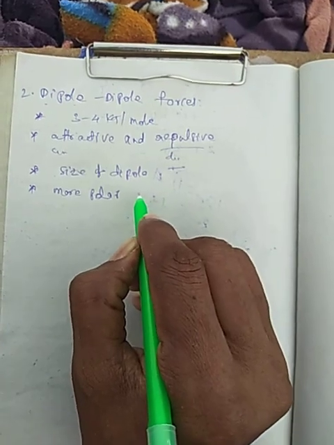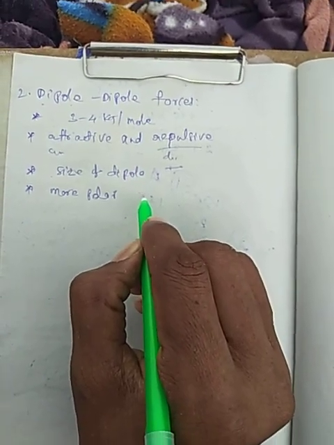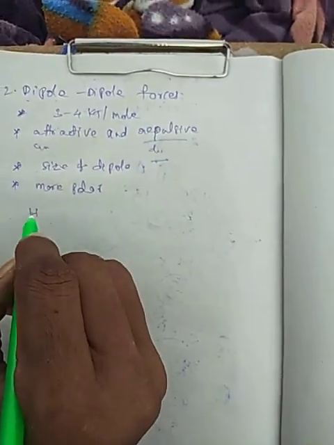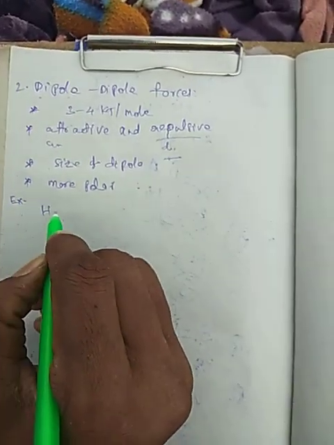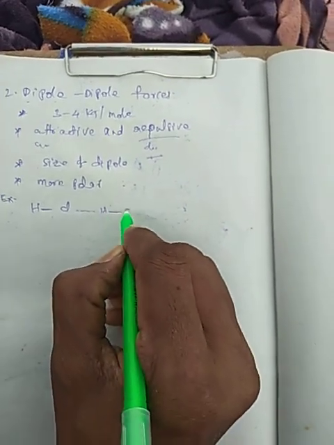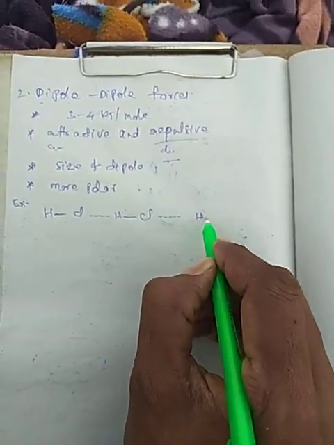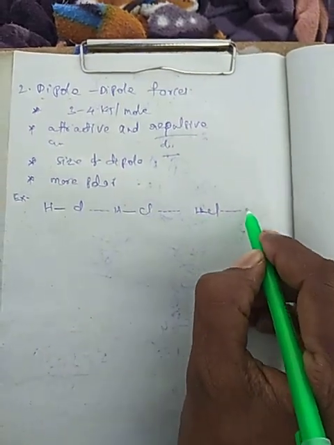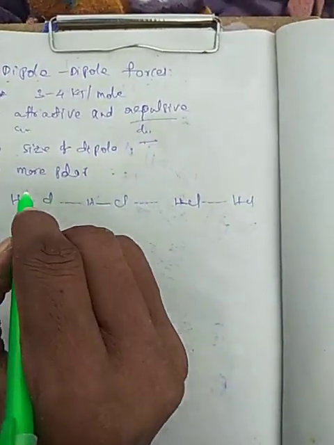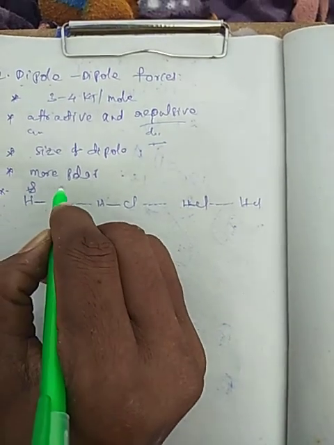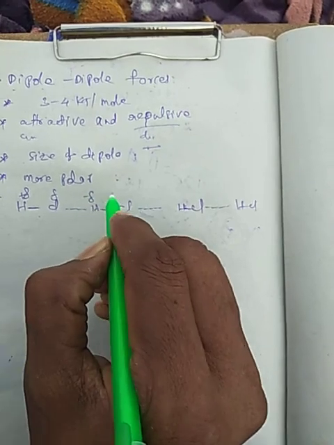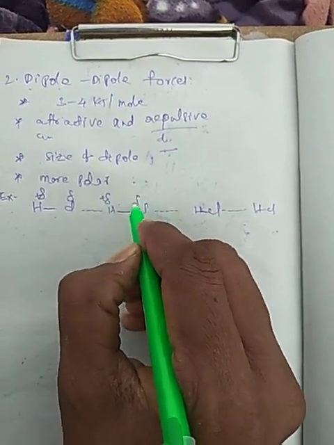See one example, that is HCl. Now, in this case, hydrogen is partial positive and chlorine is partial negative.